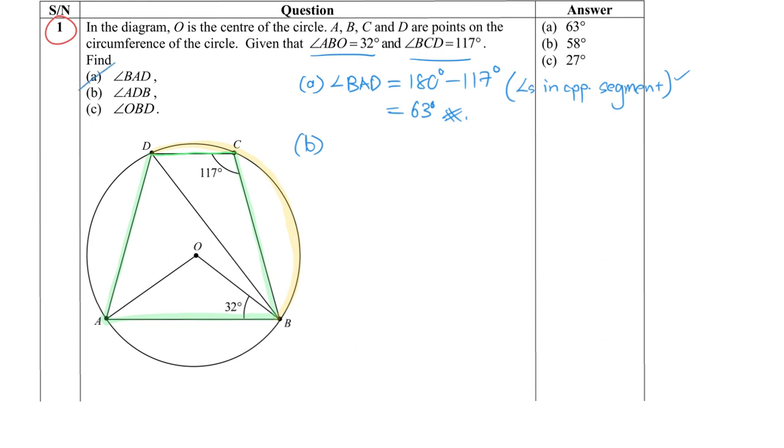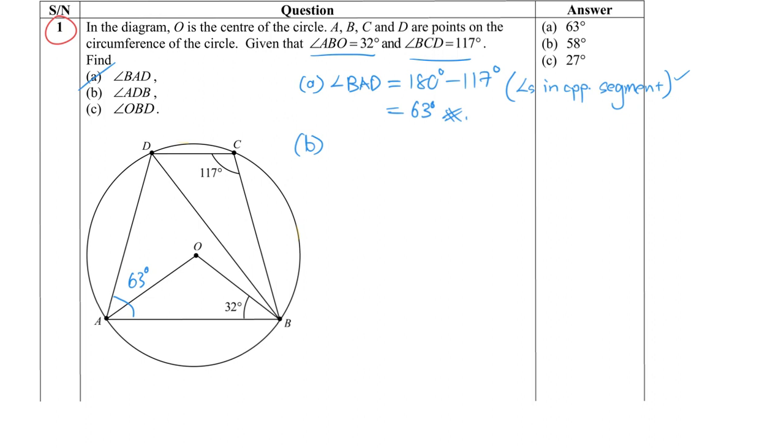Okay, part A done. Angle ADB. So I'll now just erase the rest first, so as not to confuse us for the rest of the question. And now we'll also just put in, okay, we know this is 63. Okay, ADB.